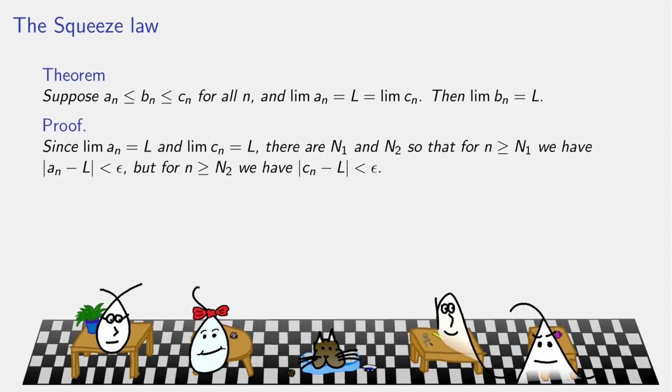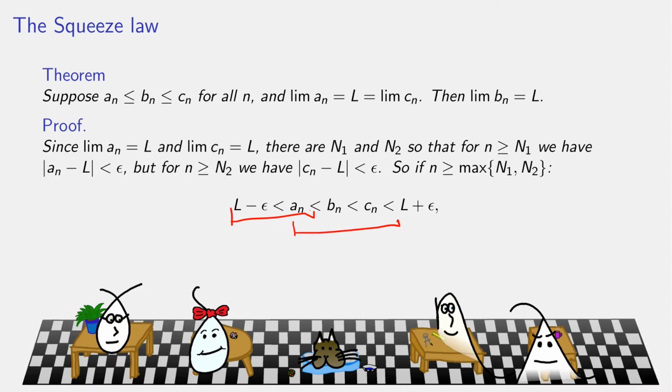So, let epsilon be positive, it doesn't matter what it is. Since the an's and cn's have the same limit, there's one index N1 past which the an's are epsilon close to L, and there's another index N2 past which the cn's are epsilon close to L. So again, if I go out past the maximum, I can get both of them. If the an's are epsilon close to L, they're at least as large as L minus epsilon.